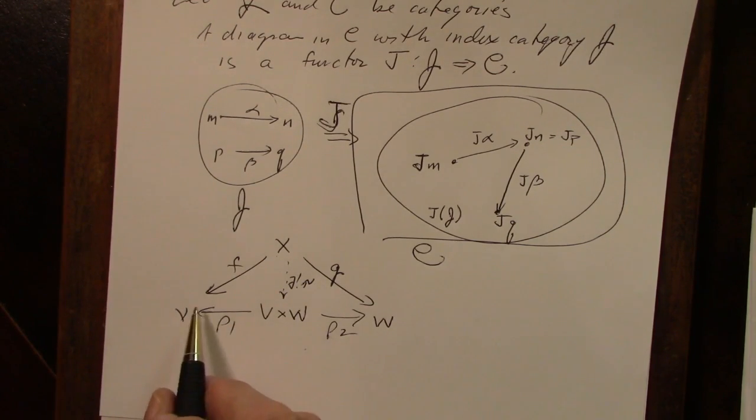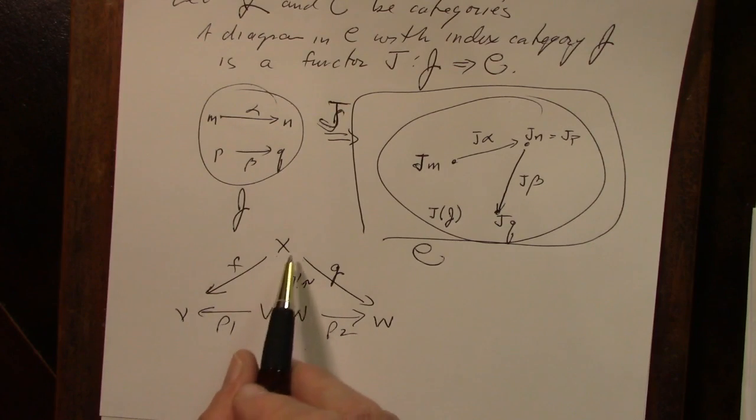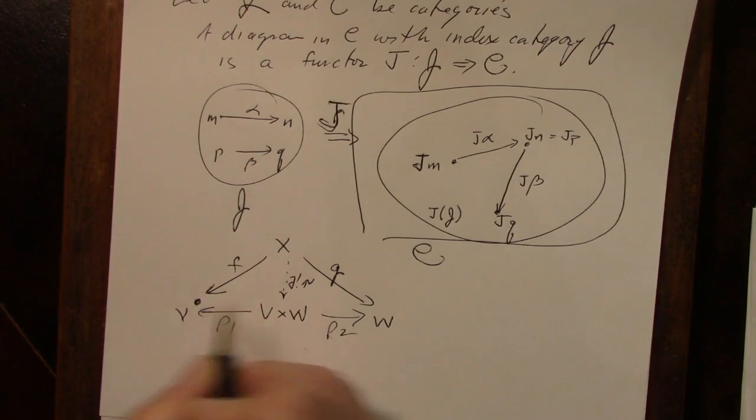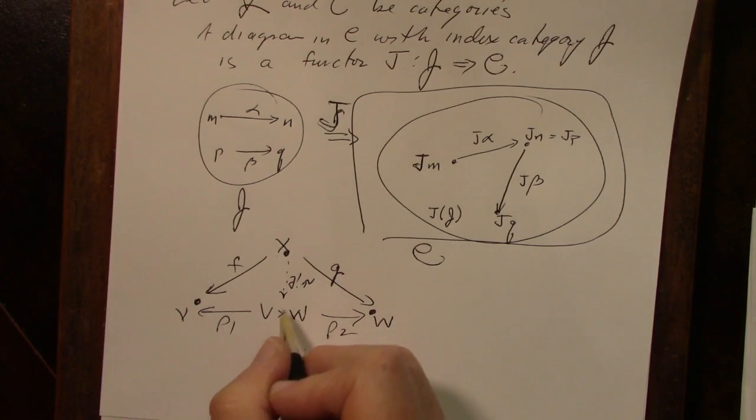The nodes typically aren't denoted by dots, they're just denoted by the labels. I could put the dots here, but there's no real need for it.